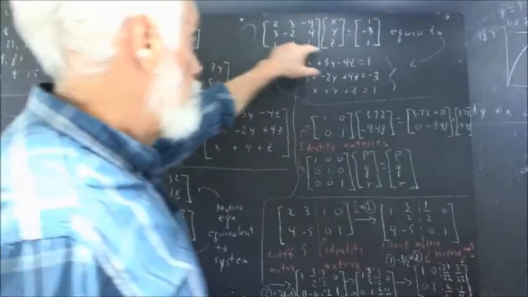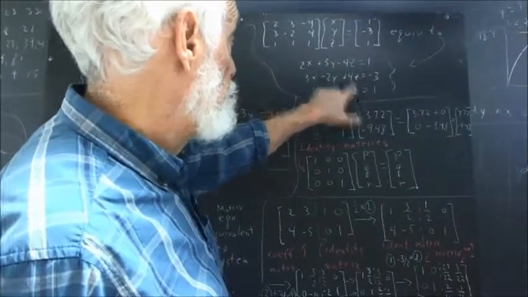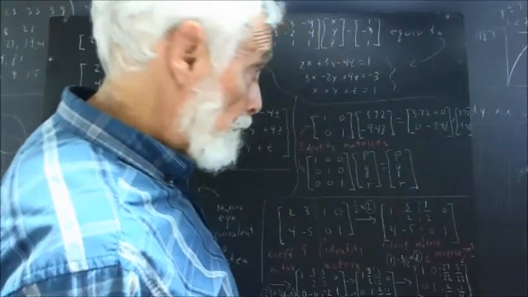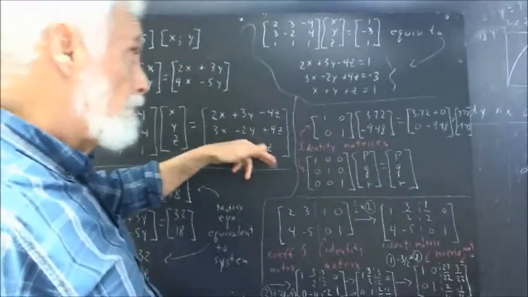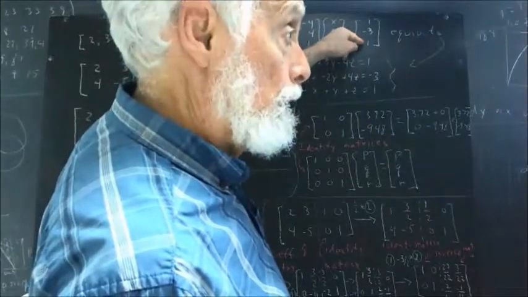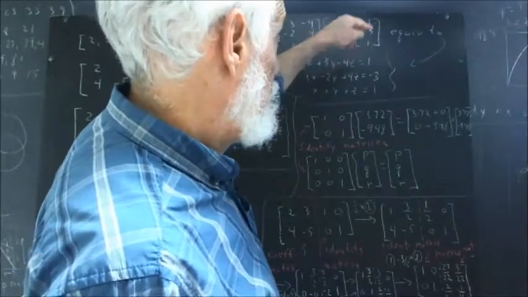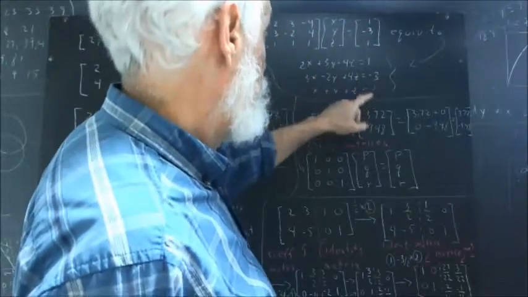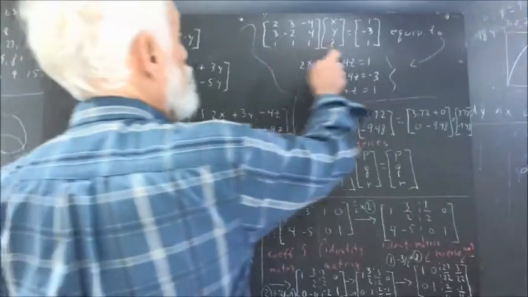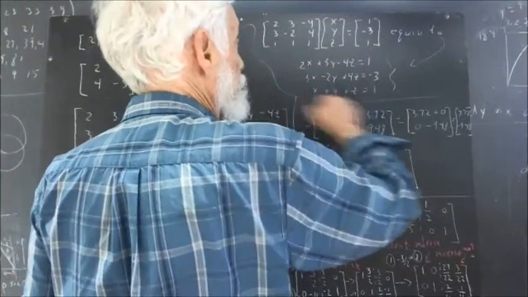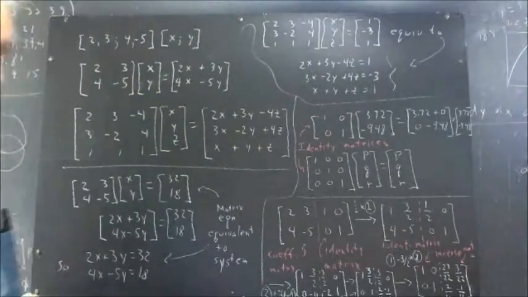And then the 1, 1, 1 gives us x plus y plus z. That's going to be the third row of our product matrix, and that's going to equal the one that we have in the third position in this column vector. So this matrix equation is equivalent to this system of linear equations.